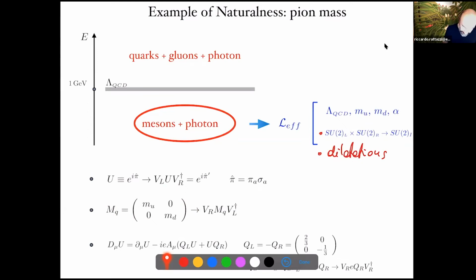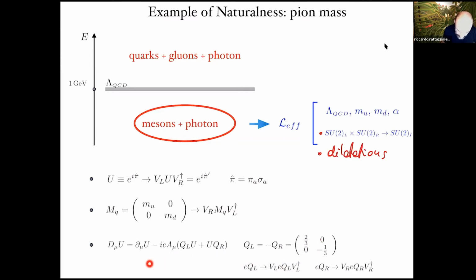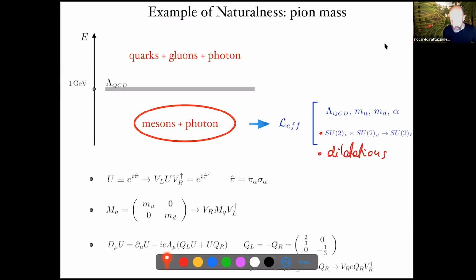Similarly, there is electric charge. Electric charge also breaks the chiral symmetry, and the existence of the electromagnetic interaction is simply quantified by the fact that the derivative of the pion field is actually a covariant derivative, where the photon field enters with these charge matrices, which are just the charge matrices of the quarks.